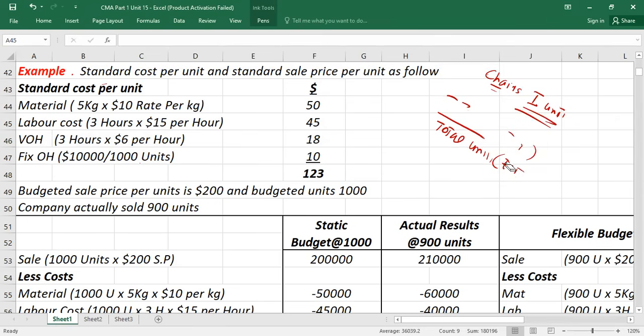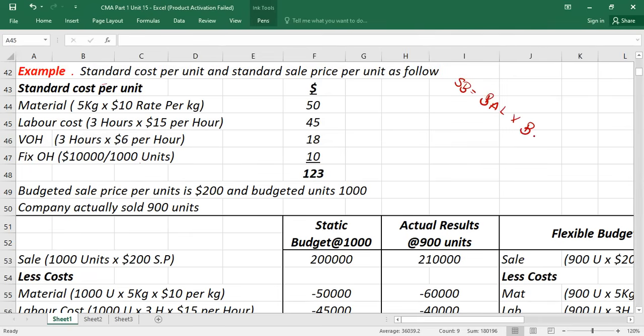For a static budget, we always take the budgeted activity level into the budgeted cost per unit or the budgeted selling price per unit. This is how a static budget works.